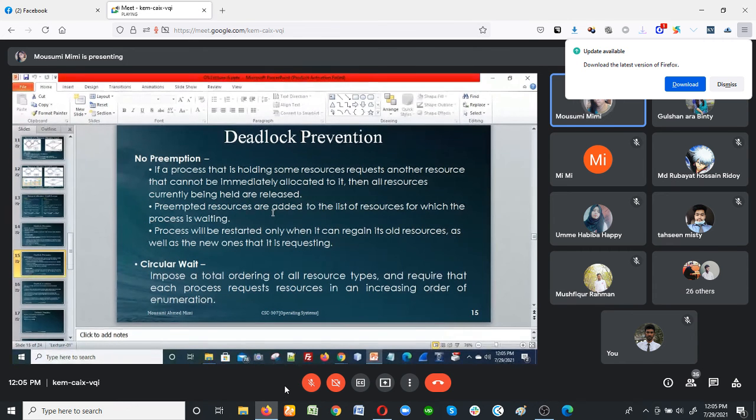And the last thing is known as circular wait. Now what is circular wait? From the previous class you learned that, one by one, each process gets the opportunity to use the resource. A good example is playing musical chairs.